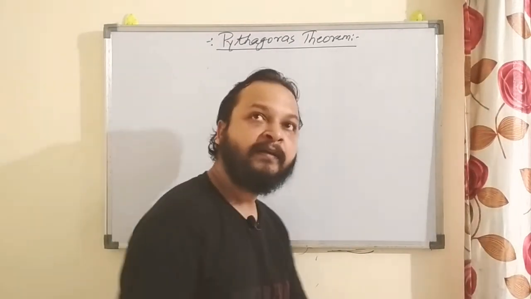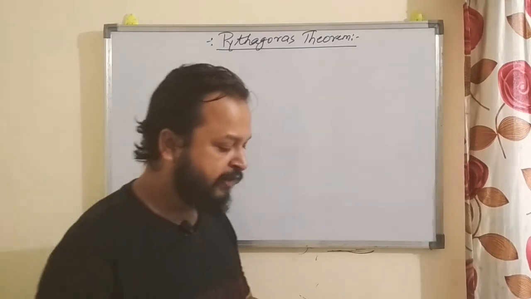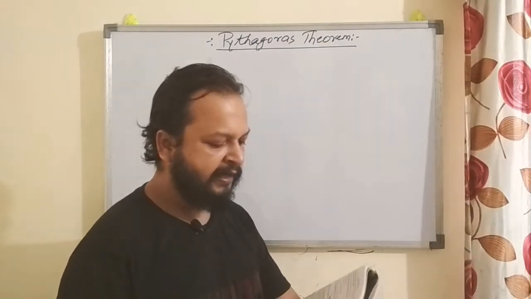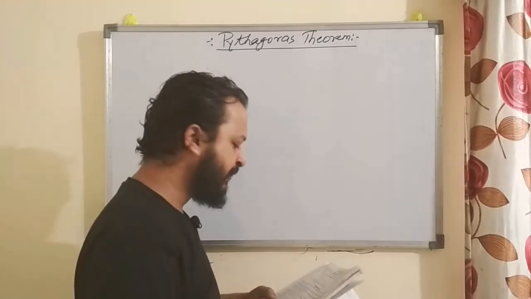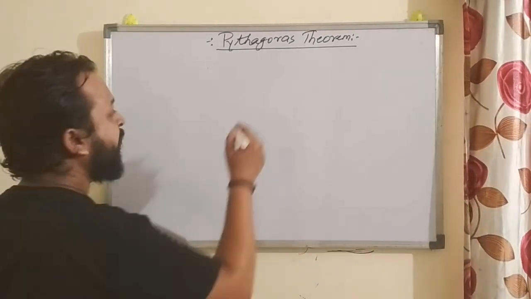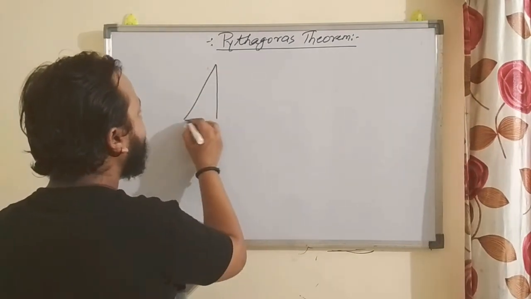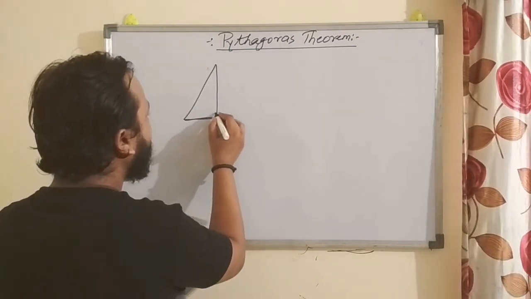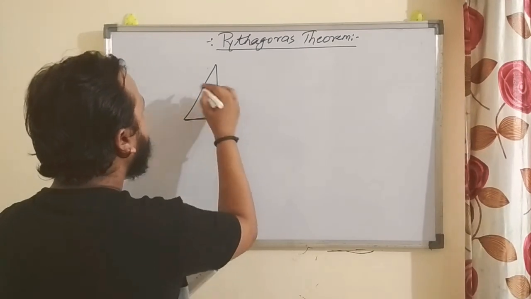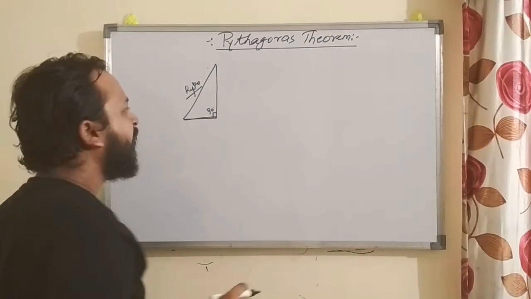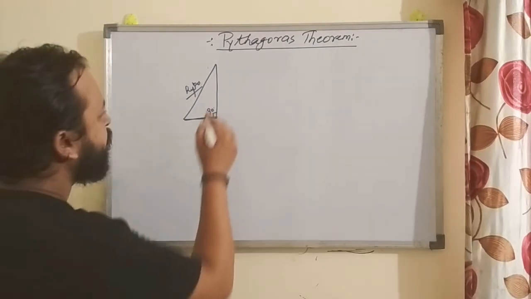Exercise 15D. First question is, find the length of the hypotenuse of the right angle triangle if the other two sides are given as 9 cm and 12 cm. So if this is the right angle triangle, this angle is 90 degrees. This is the hypotenuse.